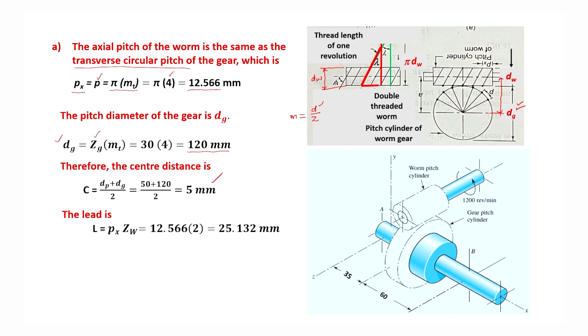The lead is the number of starts, or the number of threads on the worm, multiplied by the axial pitch. The axial pitch is 12.566, multiplied by 2, the number of threads on the worm, and so the lead is 25.132. This will be the lead for the double threaded worm.